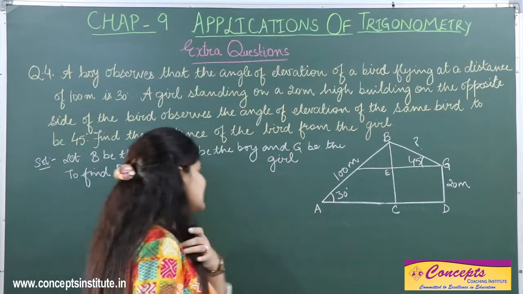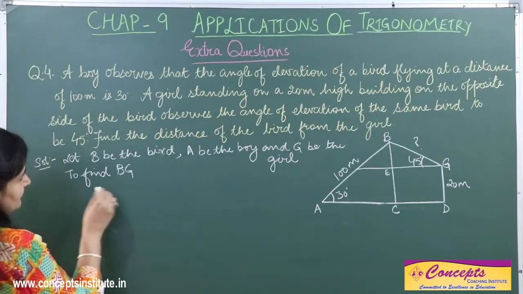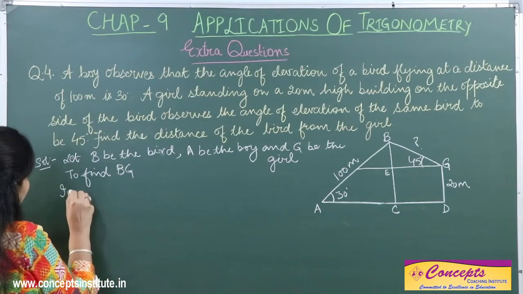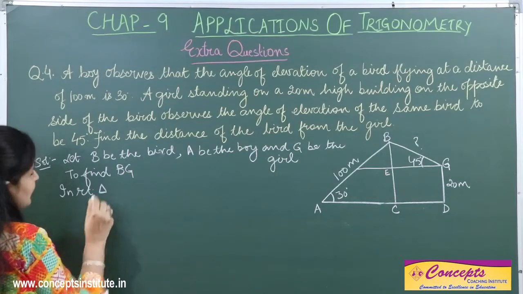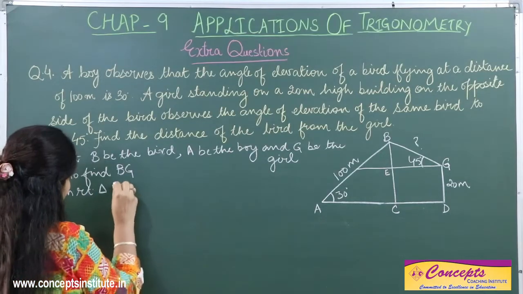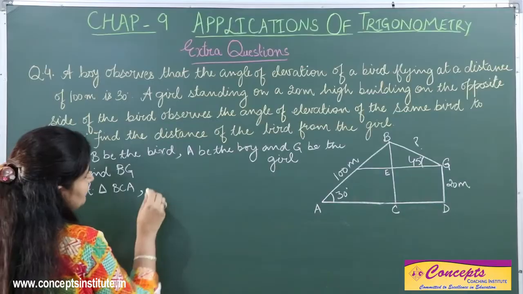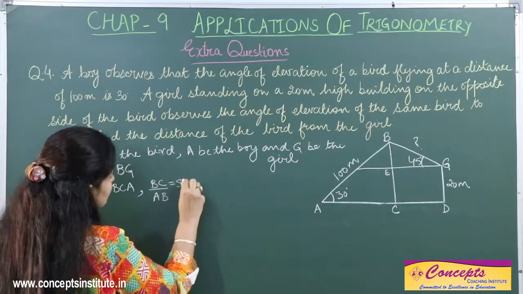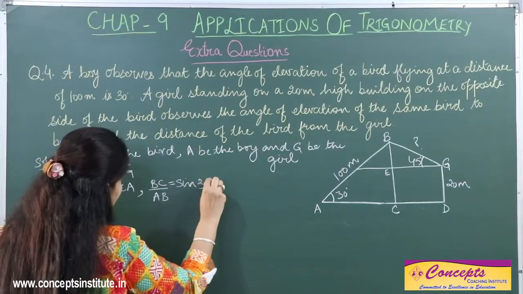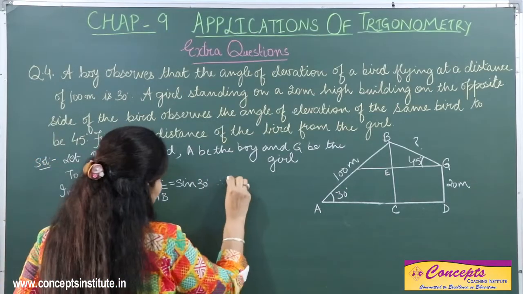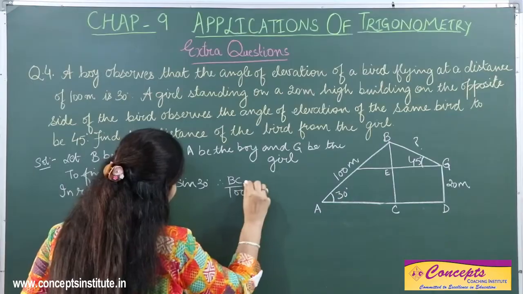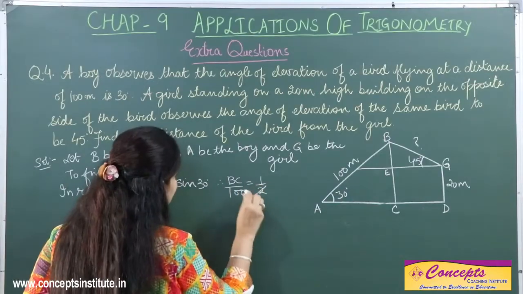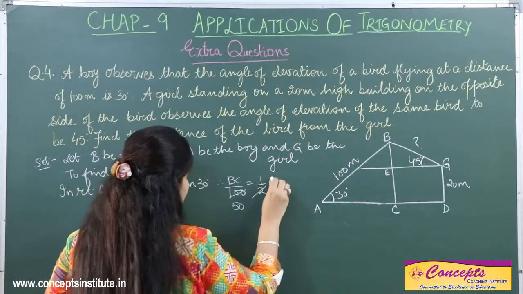So let's just start doing it. I can write in right triangle BCA, we have BC upon AB, this is equals to sine 30. So therefore BC upon 100, and we know that sine 30 is 1 by 2. So this cancels out, it is 50.